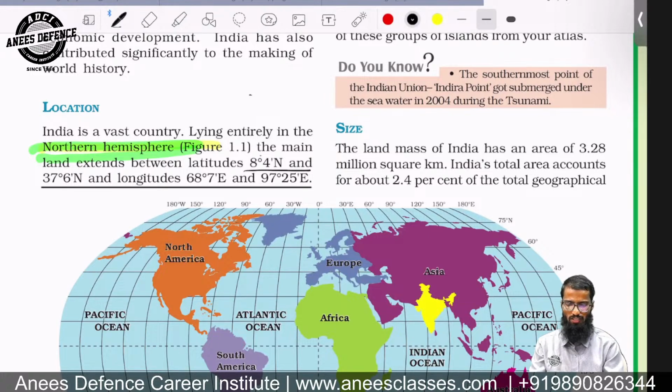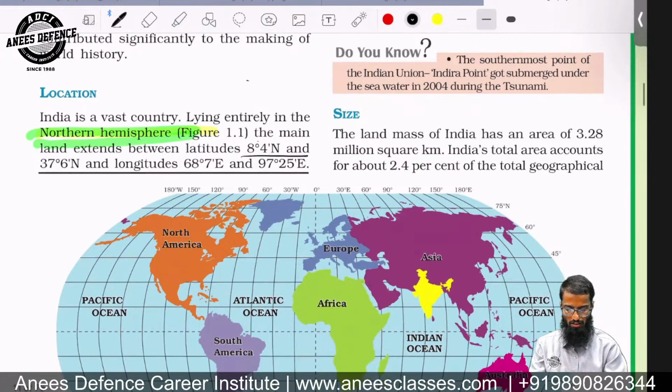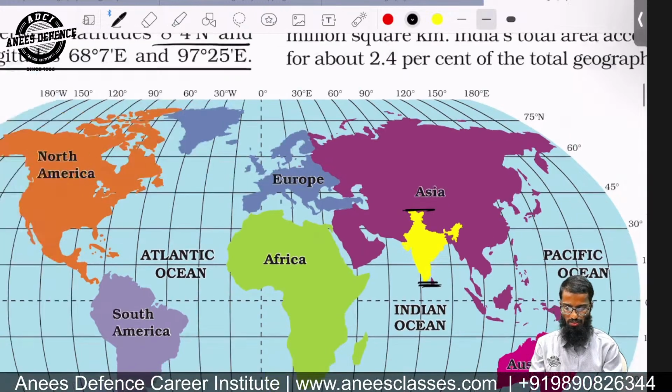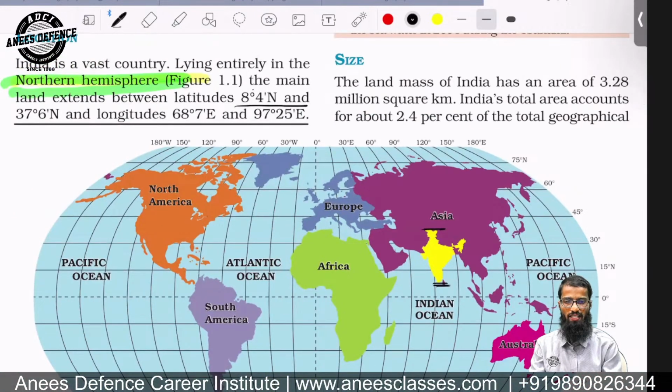And this is the latitudinal extent. So from here we have counted till here. It is almost the mainland I'm talking about. So it is almost 8 degree till 37 degree, almost a 30 degrees extent.